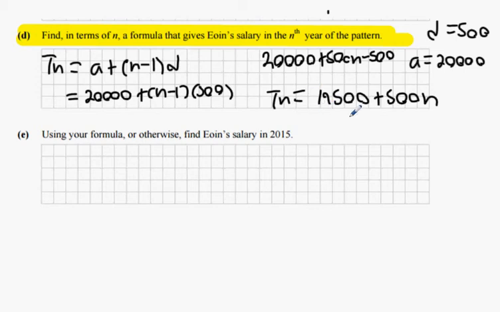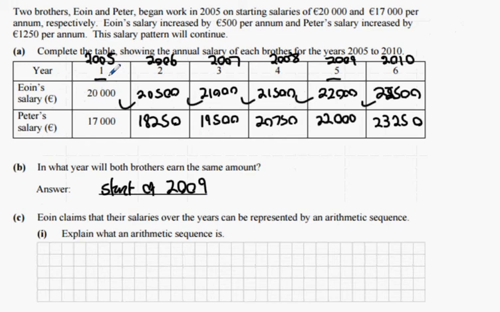When we put in n equals 1, what will our answer be? You'll get 20,000 because it'll be 500 plus your 19,500. n equals 2? 20,500.